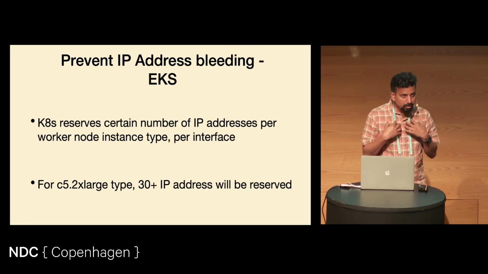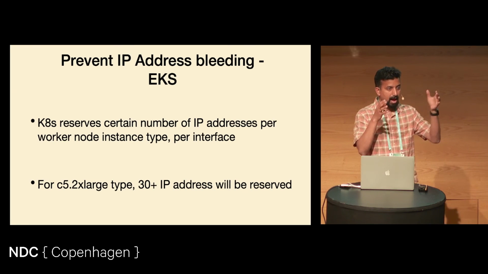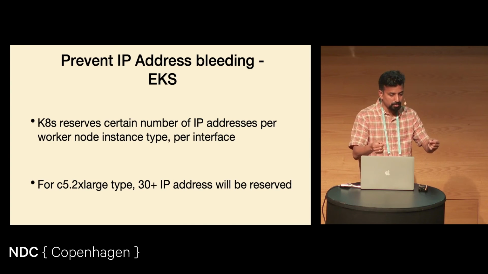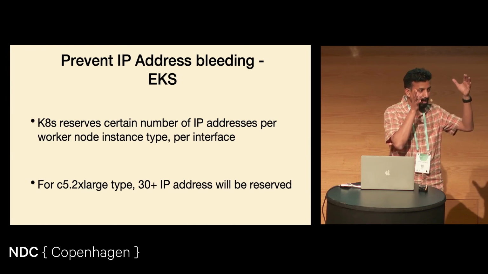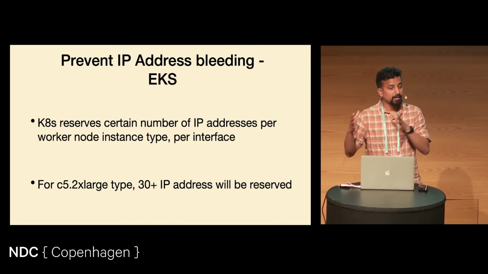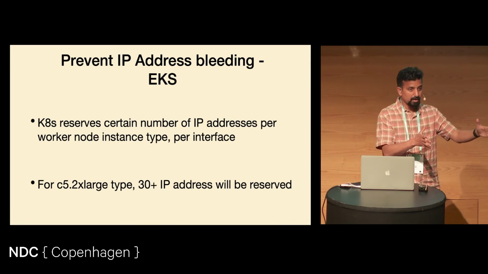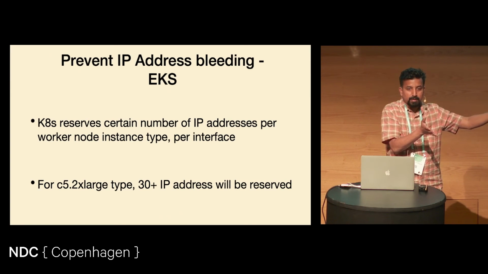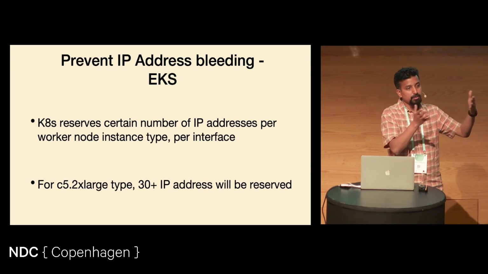Now, I know for a fact that, based on my memory allocation and my CPU, I can only run 10 pods in that box. But Kubernetes has allocated 30 IP addresses, when I know that I only need 10. But Kubernetes is saying, no, I give you 20 more.